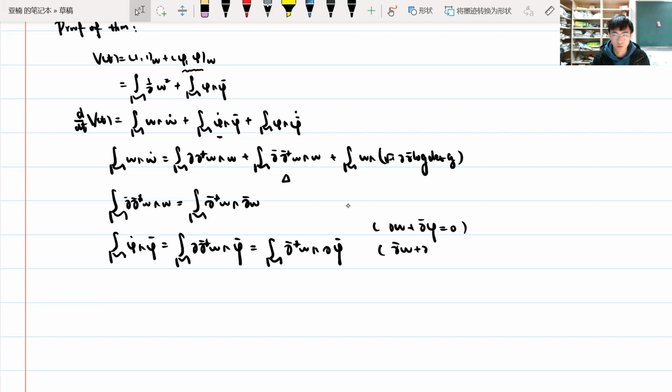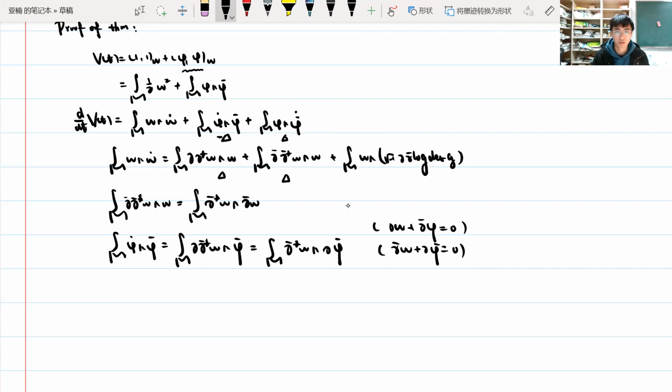So these two terms plus these two terms equal 0.